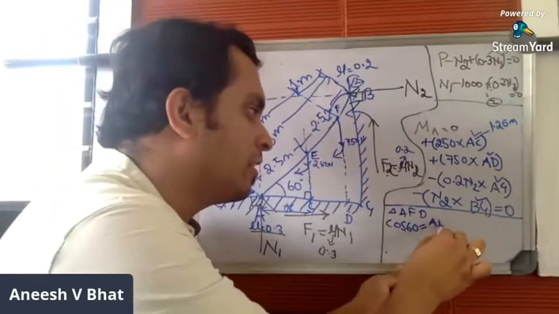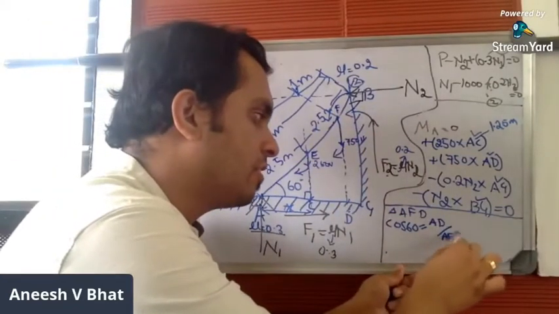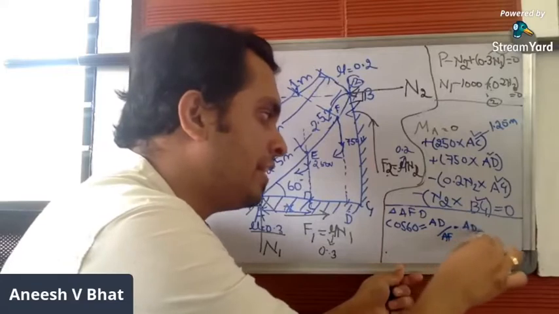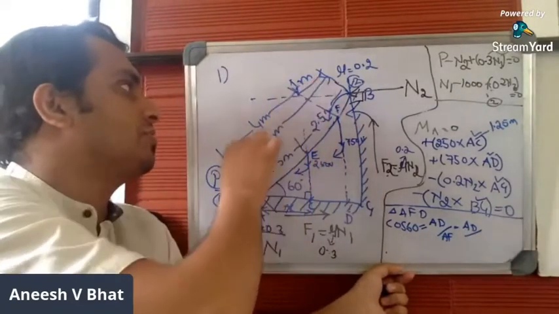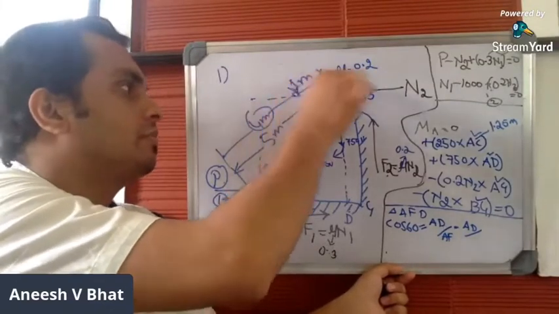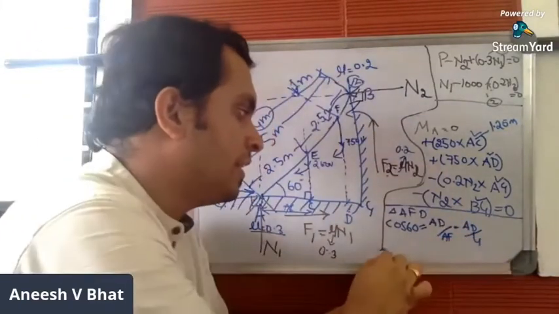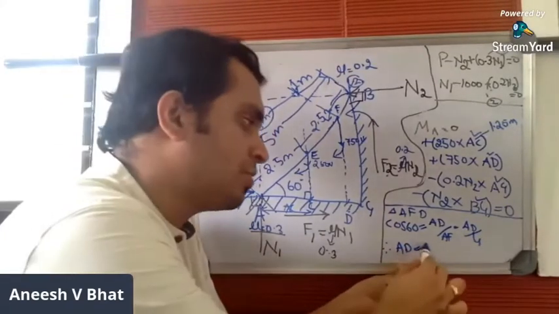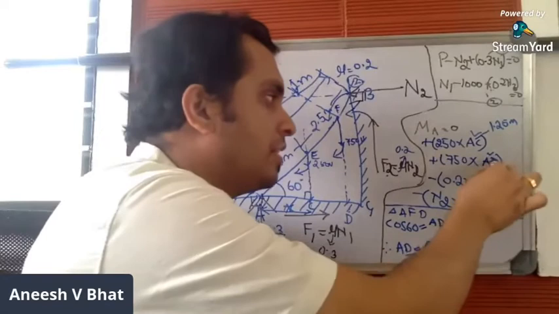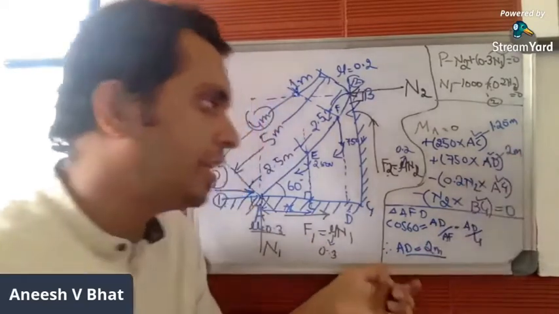AF is 4. Therefore, AD is equal to 4 cos 60, which is 2 meters. AD is 2 meters.